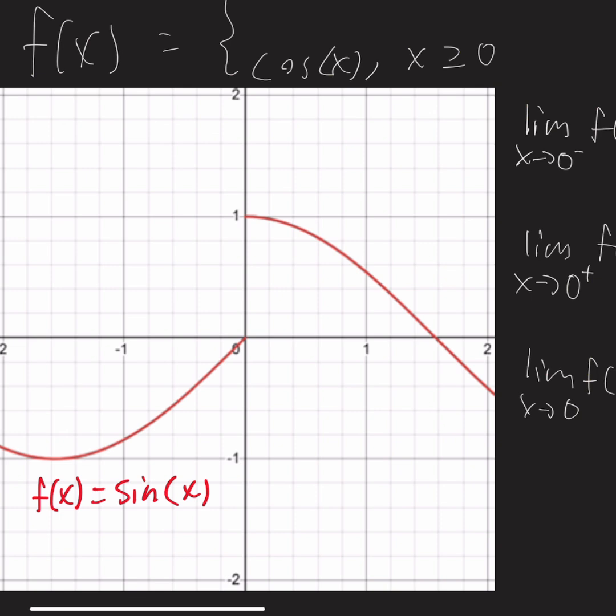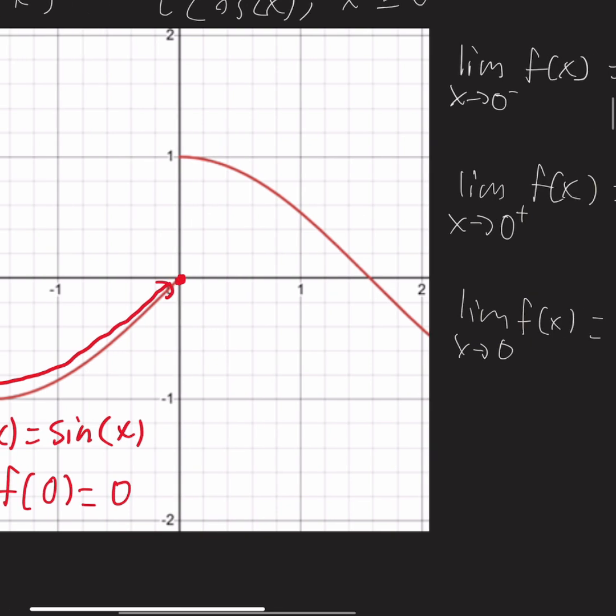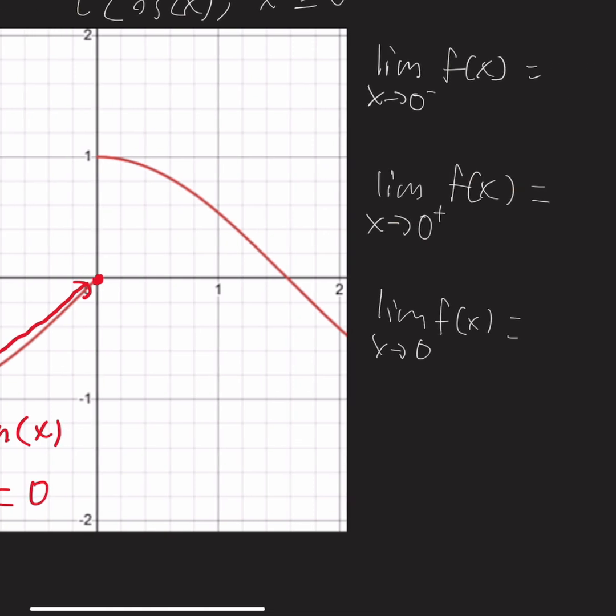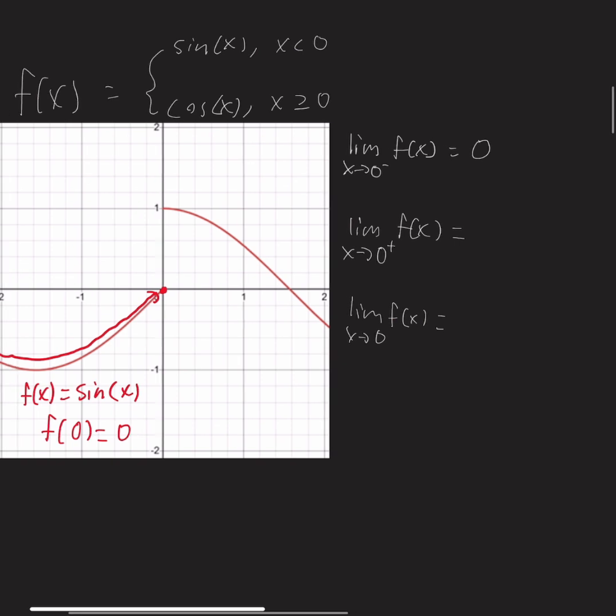We can directly substitute the value and see f of 0 equals 0. And we can trace the graph and see when x approaches 0, f of x is equal to 0. So the left-hand limit of this graph is equal to 0.